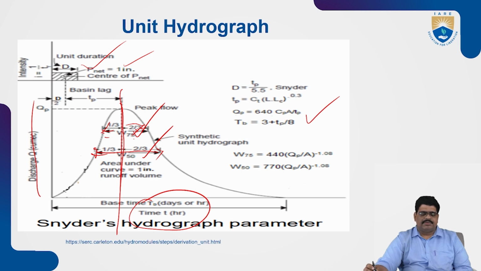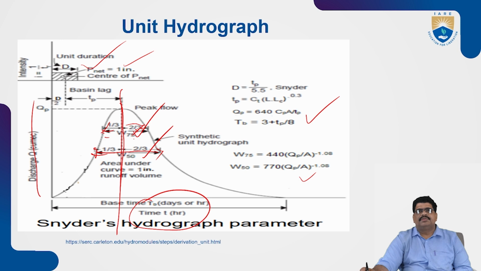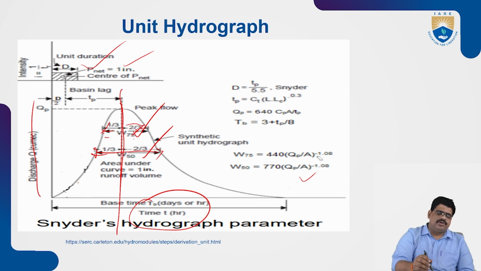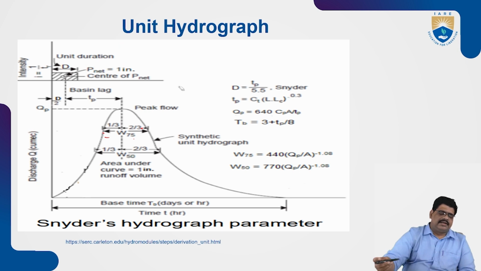W75 is equal to 440 QP by A whole to the power of minus 1.08, and W50 is equal to 770 QP by A whole to the power of minus 1.0 hours. So these are the basic fundamentals, and they also give the formula. By applying these values, you have to find the unit diagram calculations, and the synthetic unit diagram will be calculated.